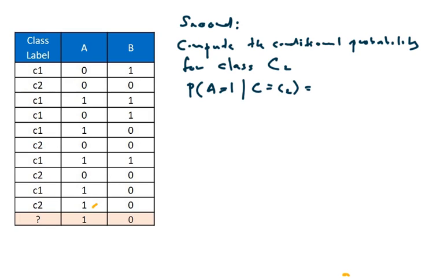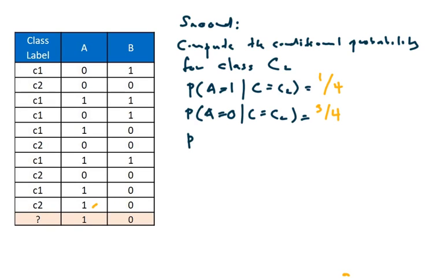Nope. So you only have 1 over, how many C2 do you have? 4. So let's continue this for the remaining. The probability of A equals 0 given C equals C2 is going to be 3 over 4.